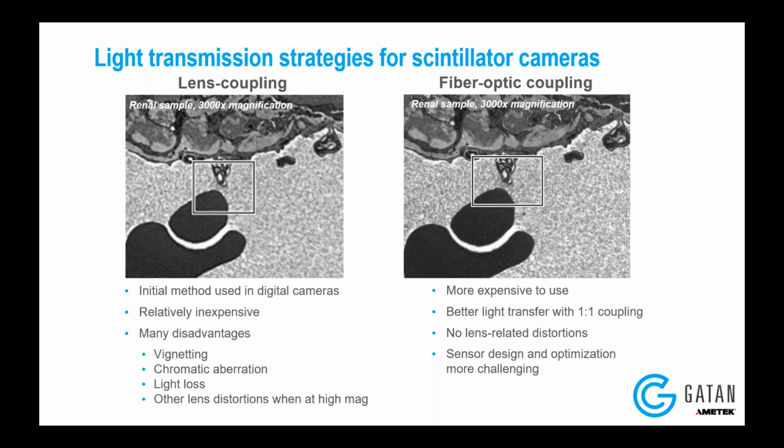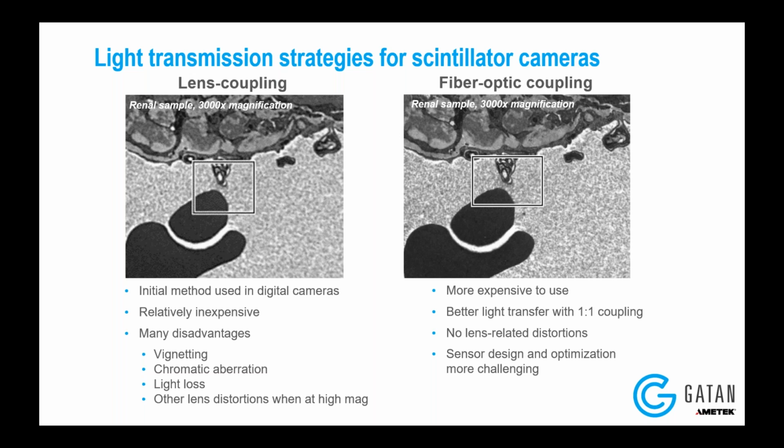But if you draw your attention to the feature being circled by this black box in the renal sample, you'll see that with a lens coupled system, you don't have as sharp of features and contrast in this small region of the sample compared to a fiber optic coupled image, where there's much higher detail available that comes from not having any lens related distortions.